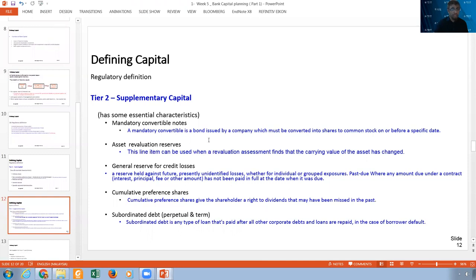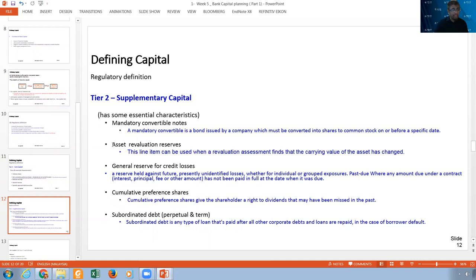A mandatory convertible note is a bond issued by a company which must be converted into common stock on or before a specific date. Because there is a specific date, we make it mandatory, and it becomes part of tier 2. So there is a specific date, which is different from the hybrid securities.